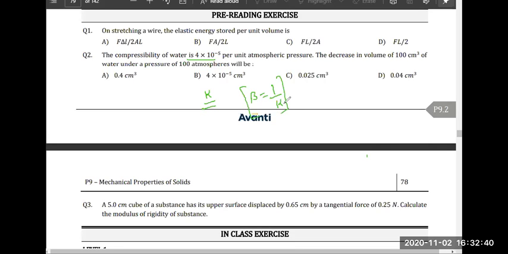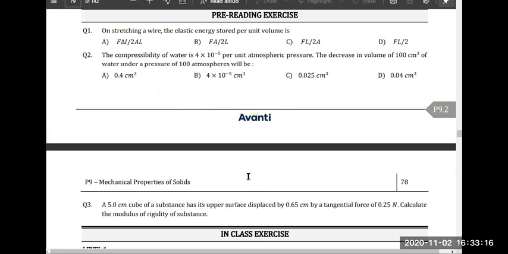So B is 1 by K. Now B you can calculate if compressibility is given. Sorry, delta V you have to find. So we know that P is equal to B into delta V by V. P given, B we calculated, V given, delta V you can find, just putting the formula.